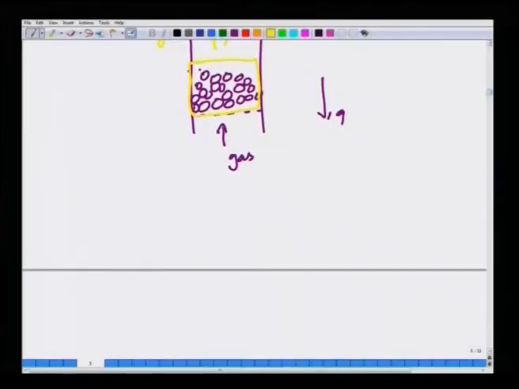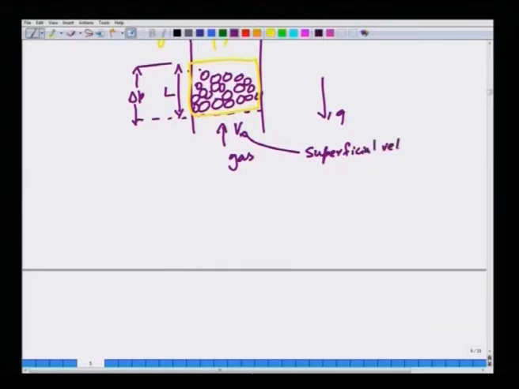Okay. Now, the idea is very simple. You have a fluidized bed. Let us imagine that initially you have a packed bed, the length of the bed is L and the pressure drop is delta P over the length L, and you are sending gas with velocity V infinity, the superficial velocity of the gas, and the area is A. Okay.